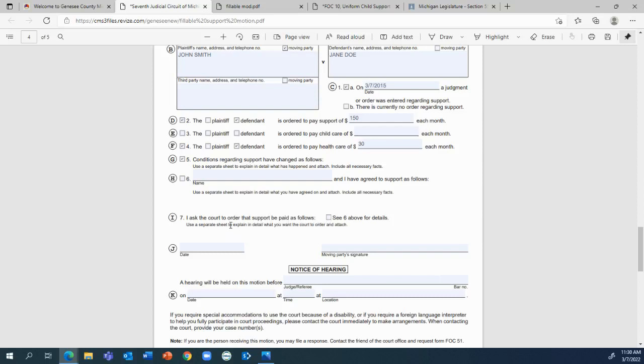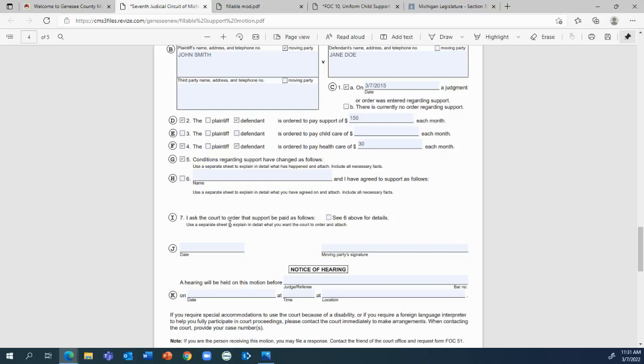So this is where, again, you attach a separate sheet where you will outline what you want the court to order. If you're not really sure what to do there, you can always go to the My Child Support website, and the My Child Support website is going to give you the public calculator, where you'll be able to plug in some basic income information for you and the other party, and the overnights that both of you are exercising with the minor child.